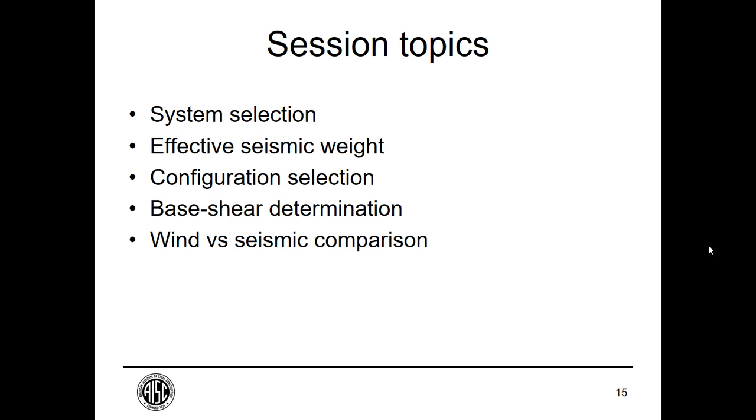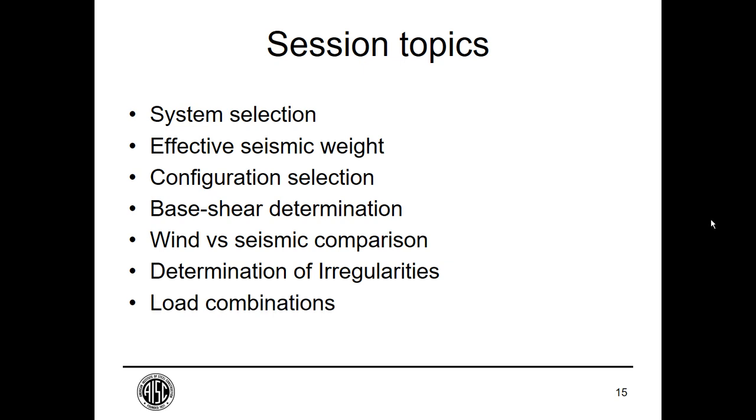And we'll do a rough comparison of wind versus seismic so that we can proceed with the seismic design with a fair amount of confidence that we are selecting the members that will be essentially the final members in the design and that won't be governed by wind. We will also cover the determination of irregularities, both in general terms and specific to the building that we are designing. And then we'll construct the load combinations using the appropriate overstrength factor and redundancy factor and so on for the actual design.